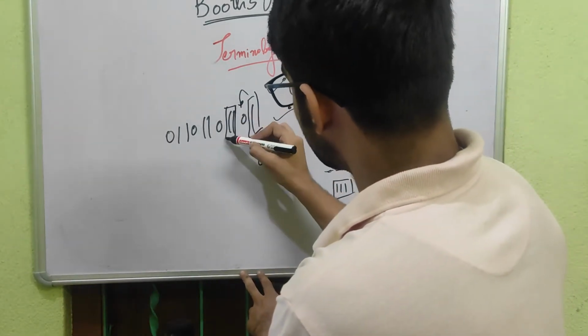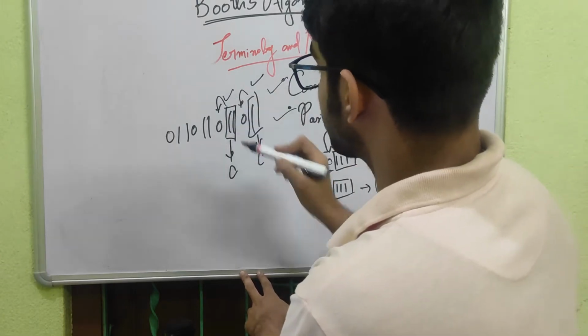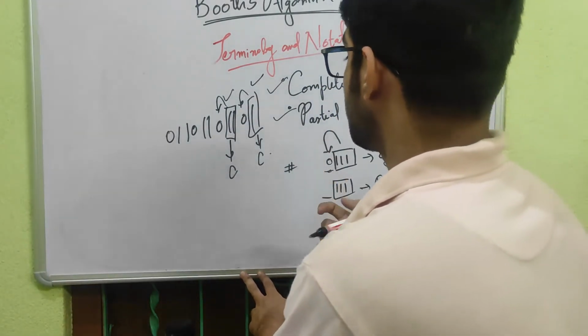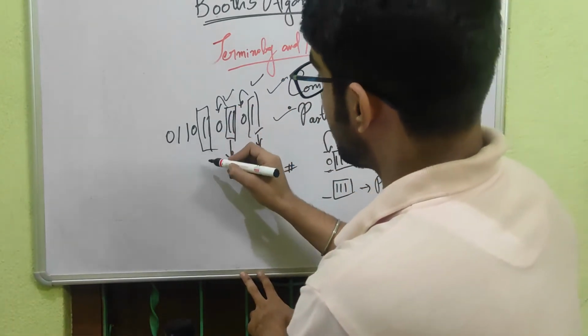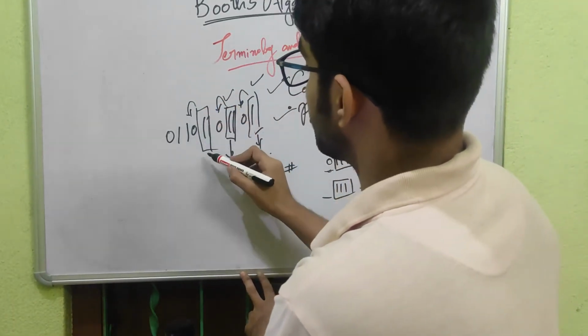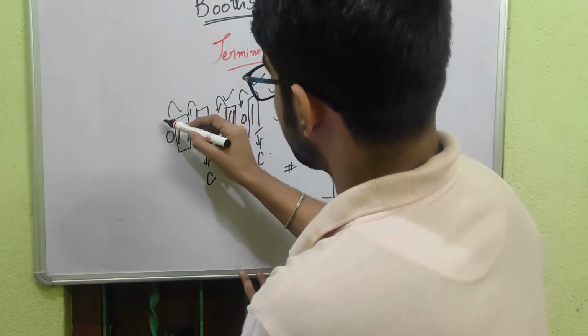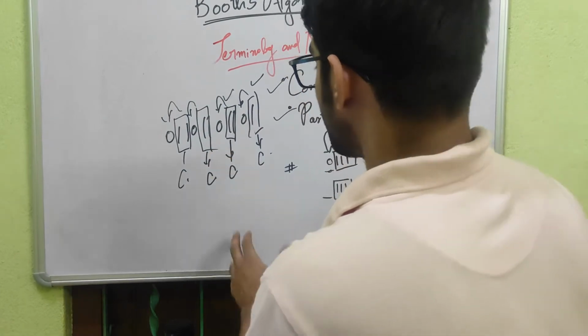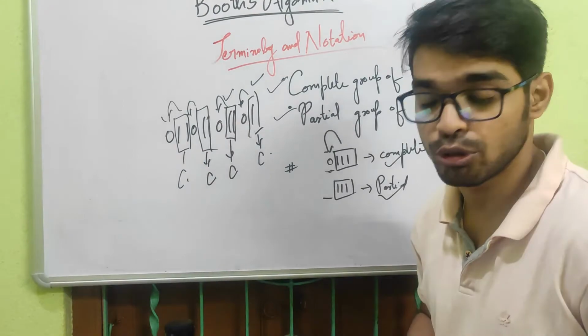Again, this would be counted as a complete group because we have a 0 to its left. So we have 2 groups so far. We have this block of ones and a 0 to its immediate left, so this is a complete group, and this one also has a 0 to its left, so we have a complete group. So in this example we have 4 complete groups.